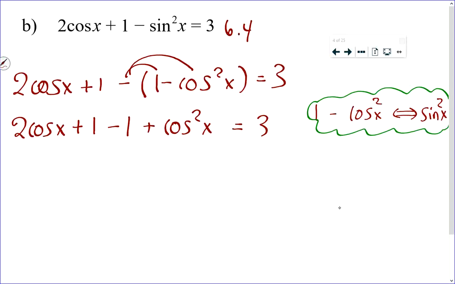It's quadratic, so I'm going to reorder the terms in descending degree order, and zero the equation at the same time. So 1 minus 1 is 0. I have a cos squared, I have 2 cos x, and then I have to zero the equation by subtracting 3. Let's see if this is factorable. The leading coefficient is 1 on the quadratic term.